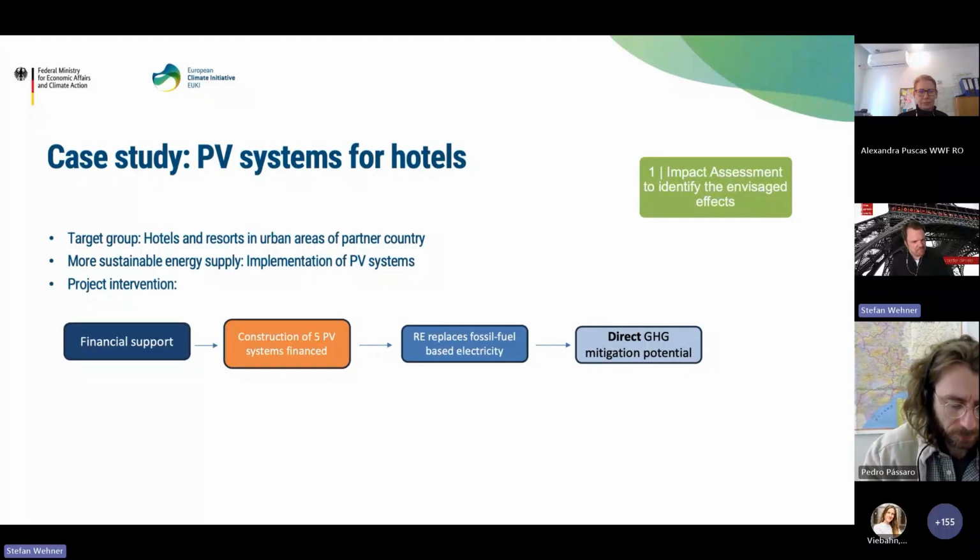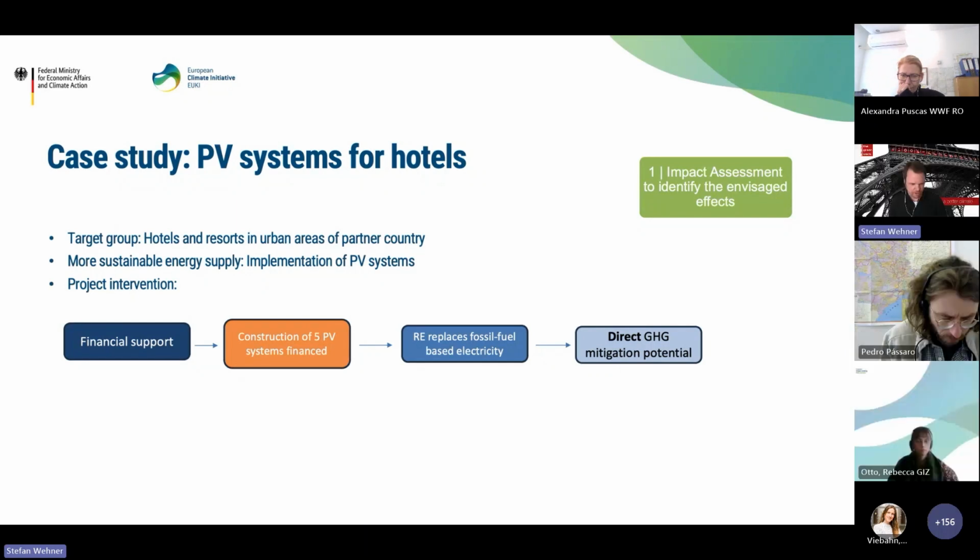So in this case, 5 PV systems are directly financed to showcase at some resorts that it works. So with that, we replace the fossil fuel-based electricity, which is typically used and imported from the national grid. And we can claim this as a direct mitigation potential.